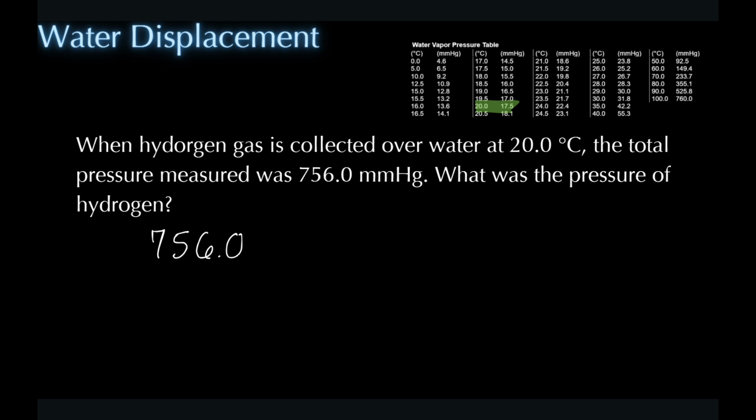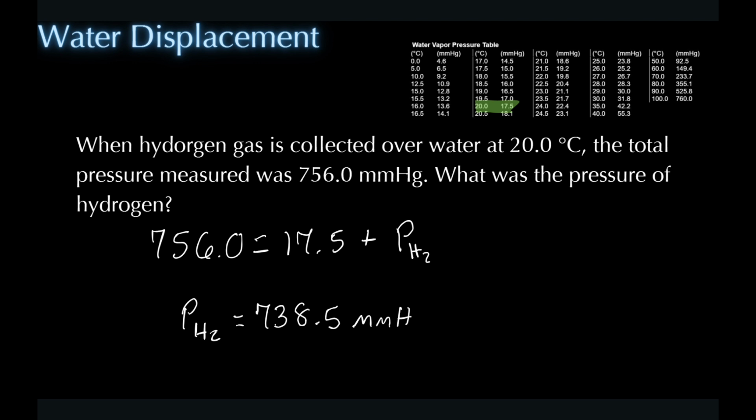So our total will be equal to our 17.5 plus the unknown. So the unknown is going to be the pressure of the hydrogen gas. All we do, solve for the unknown. So 756 minus 17.5. So the pressure of the hydrogen gas will equal 738.5 millimeters of mercury.